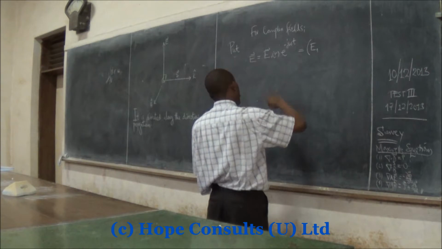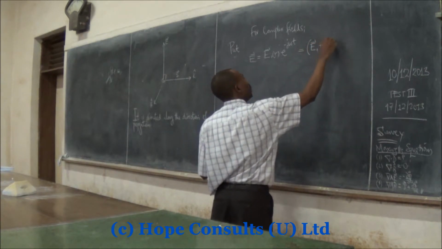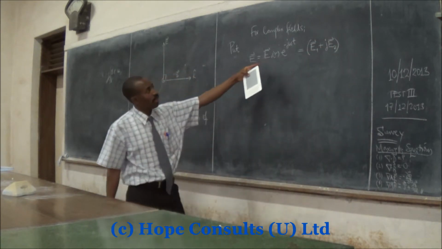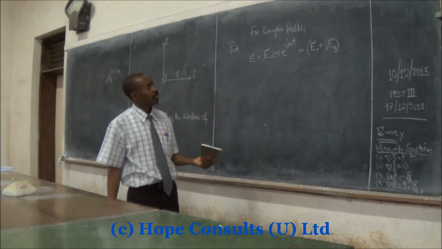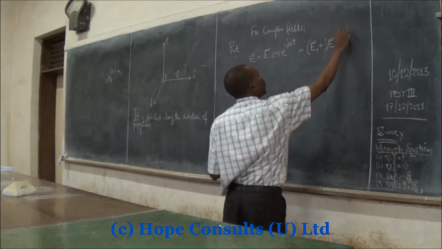So this is E1 plus j E2, which would be the representation of our E naught, and then we have our e to the minus j omega t.